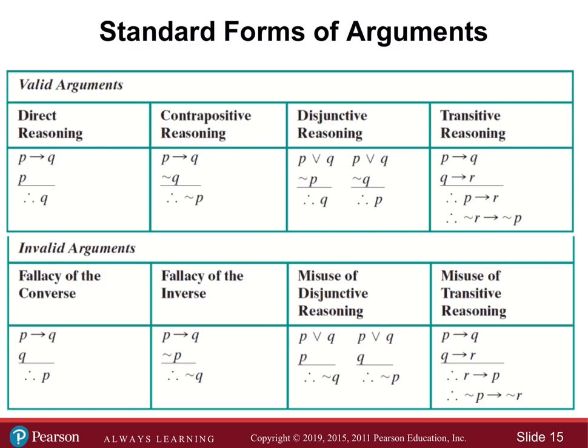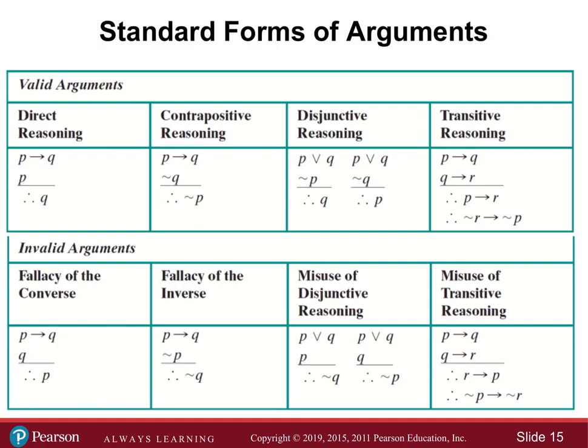Okay. Fallacy of the converse. When we have P implies Q, and if Q is true, the fallacy is saying that, therefore P is true. But just because the conclusion is true does not imply that the antecedent is necessarily true, right? So that's a fallacy. Fallacy of the inverse: if P implies Q, and if not P is true, then the fallacy is going to be that not Q is also true.